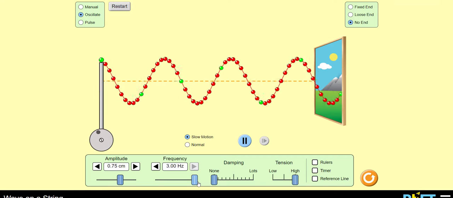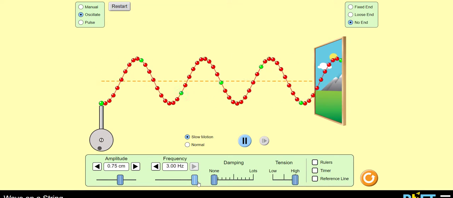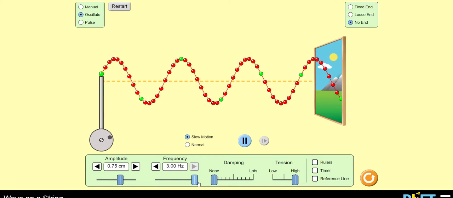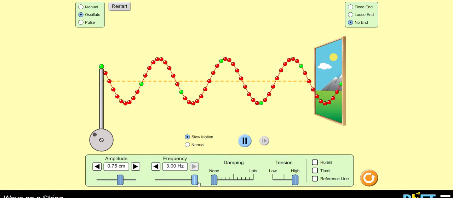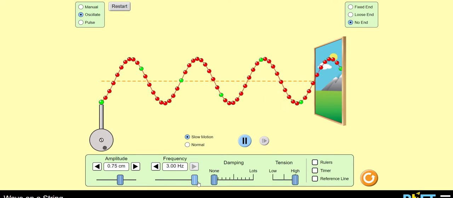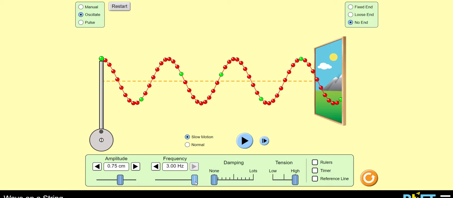If you're skeptical about this, the following should convince you. Let's pause the simulation when the green particle at the left end is at a crest. Let me now reduce the frequency back to 1.5 Hz. If this results in a change of wave speed, we should see the distance between the crest at the left end and its neighbor crest to its right, this distance here, change over time.